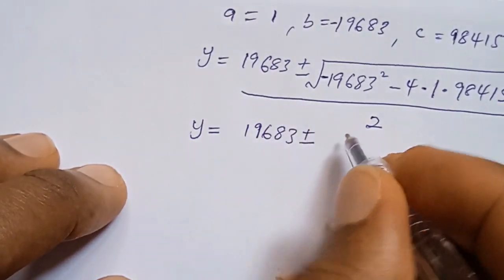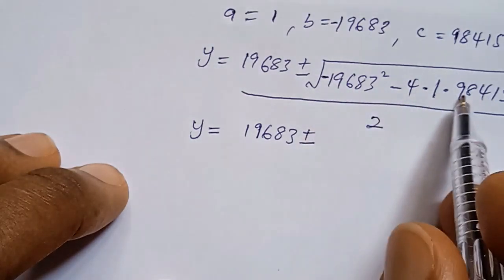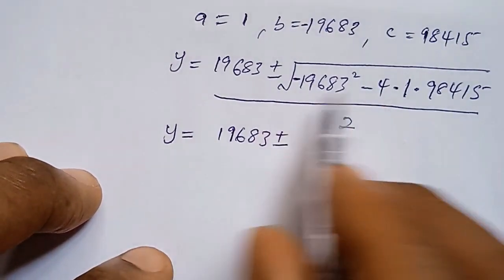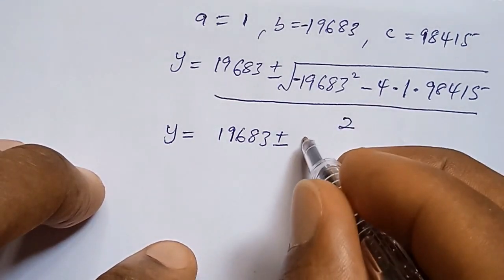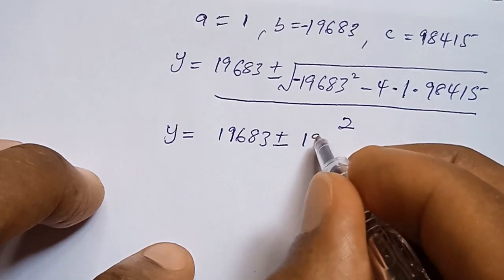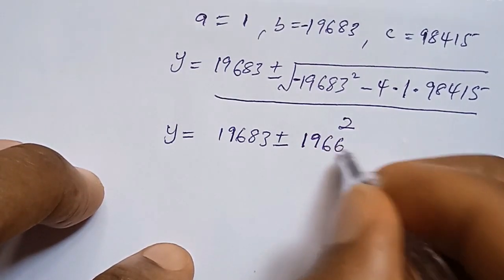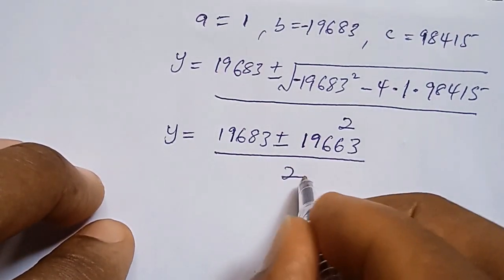19,683 plus or minus. So if we resolve this value with our calculator, that means the expression in the square root, we arrive at 19,663, okay, over 2.